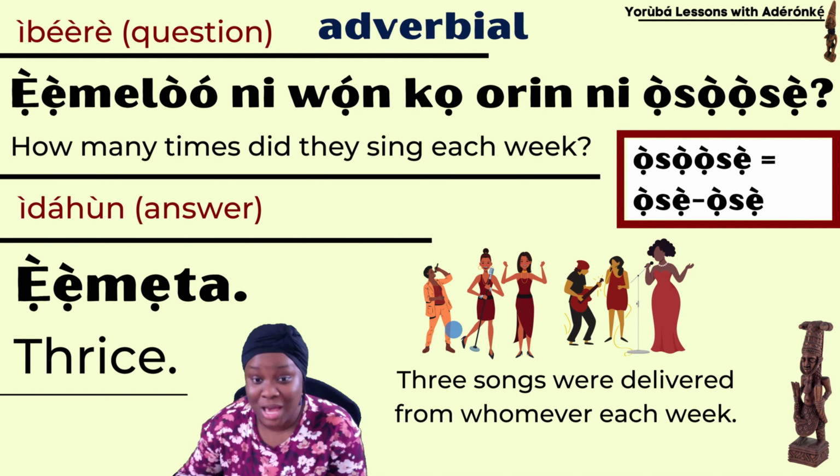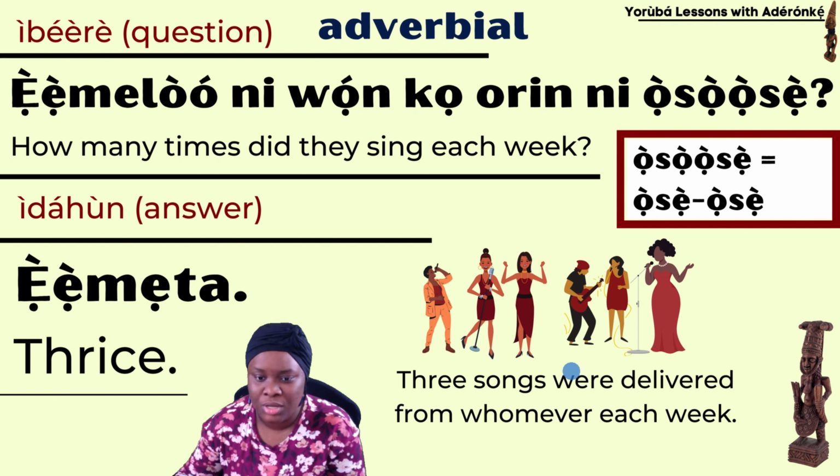You just know that the guests of that center had to have heard songs thrice each week. Mélòó ni wọ́n kọrin ní ọ̀sọ̀ọ̀sẹ̀. How many times did they sing each week? Thrice. In the previous year, they sang 3 times each week.